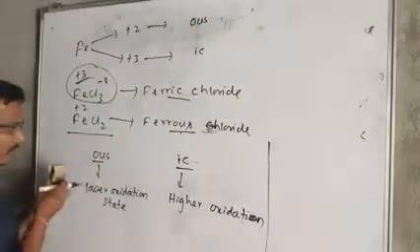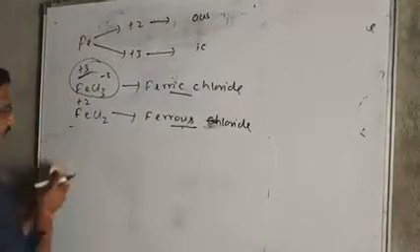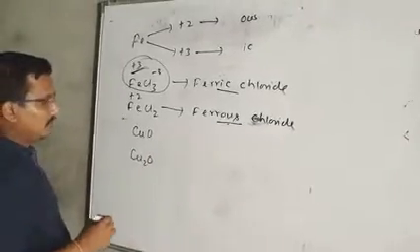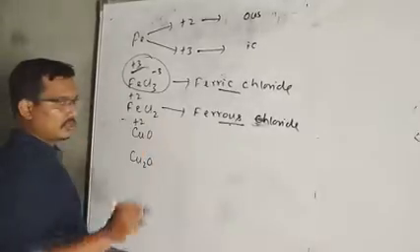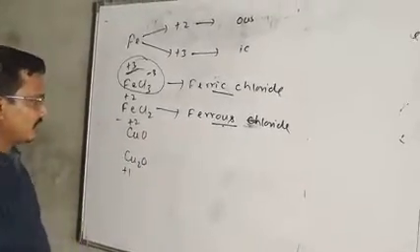Like that we can take the second example: CuO and Cu2O. In these two compounds, in CuO copper shows +2 oxidation state, and in Cu2O copper shows +1 oxidation state.